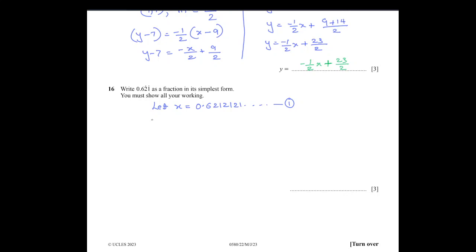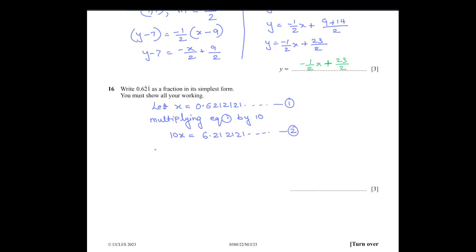Now multiplying equation 1 by 10, it will be 10x is equal to 10 into 0.6212121, so 6 will be on the left side now: 6.212121 and so on. This is equation 2.